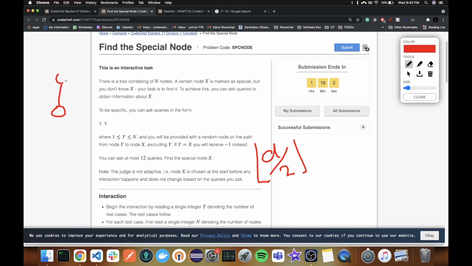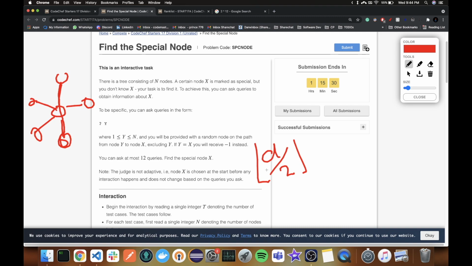And you can argue that a diameter can be very small, right? So let's say I chose this as diameter. I ask here. And I get this. I won't get this. Here's the thing, right? I won't get this either.